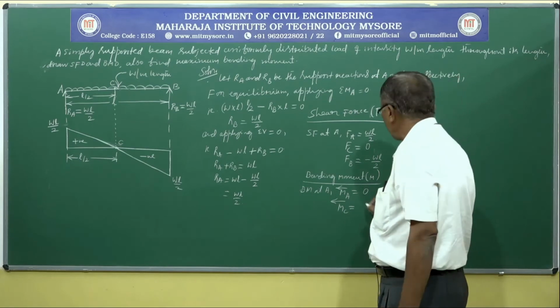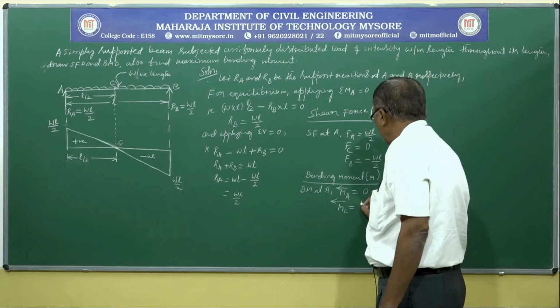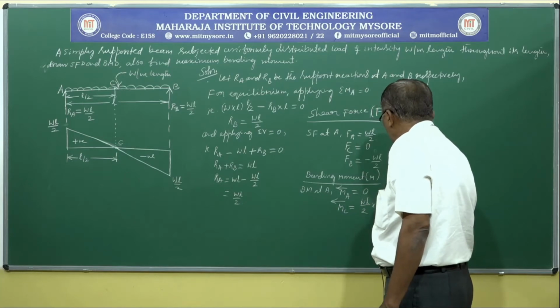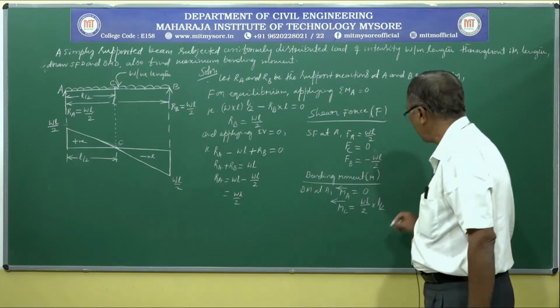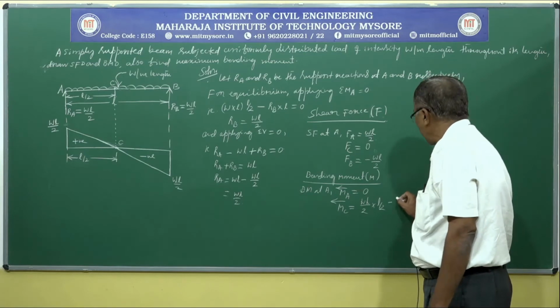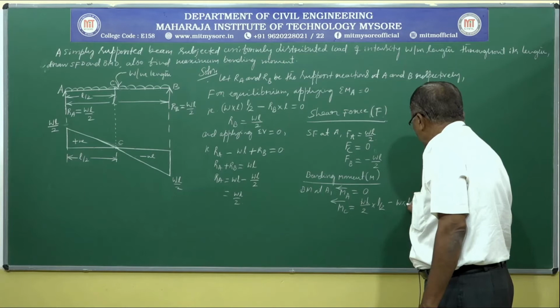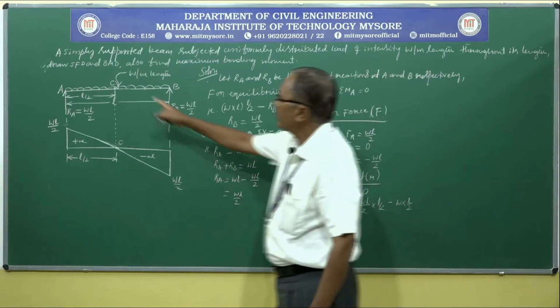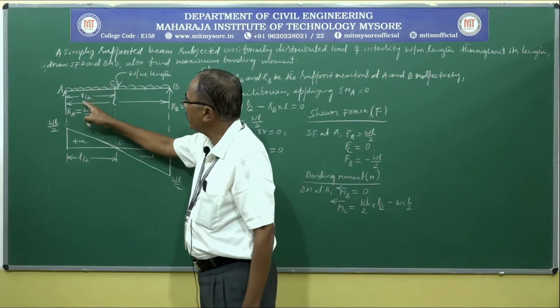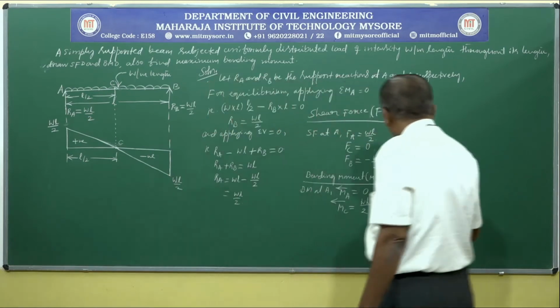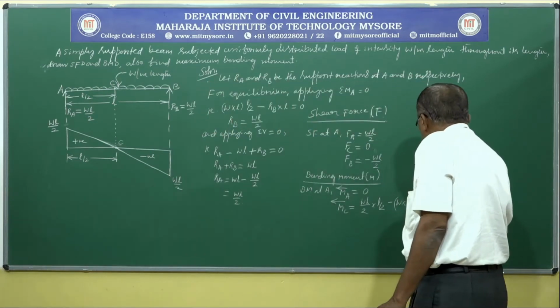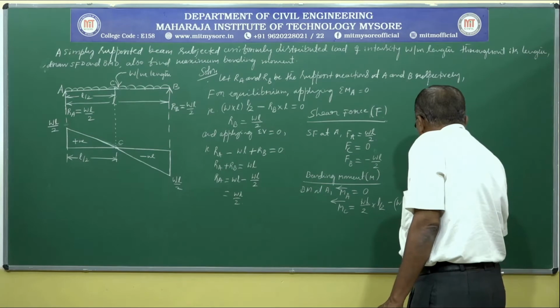MC is equal to, the support reaction will create a clockwise moment, WL by 2 into L by 2, minus W into L by 2, the uniformly distributed load into L by 2, this is the point load, into L by 2 by 2.